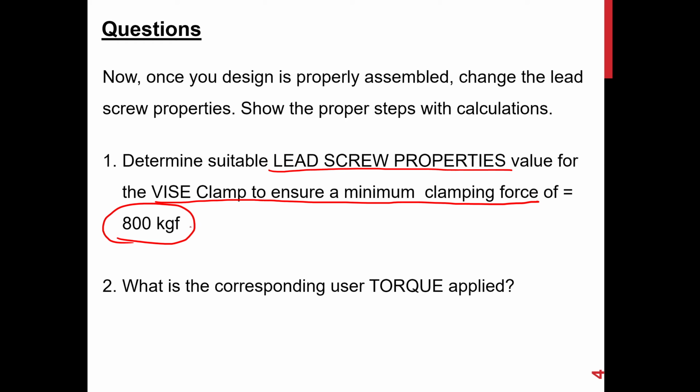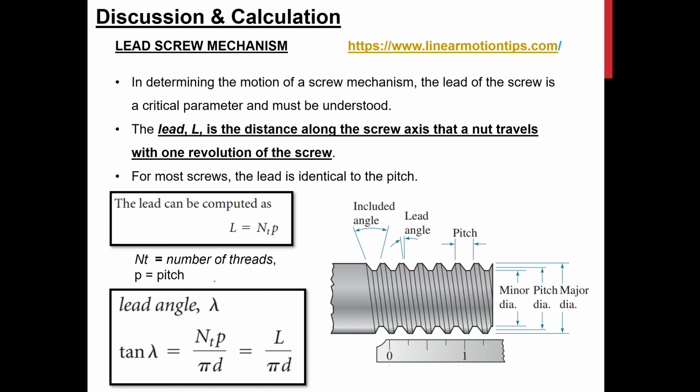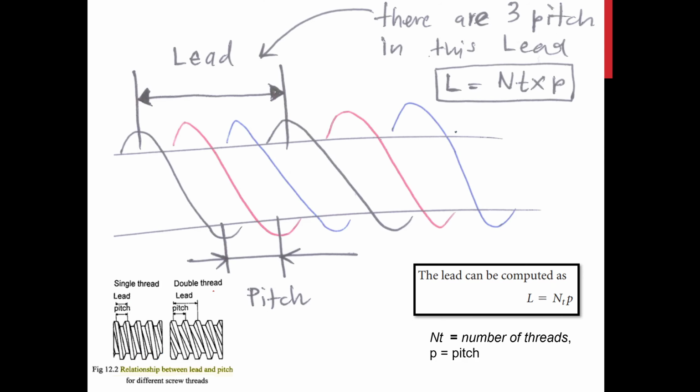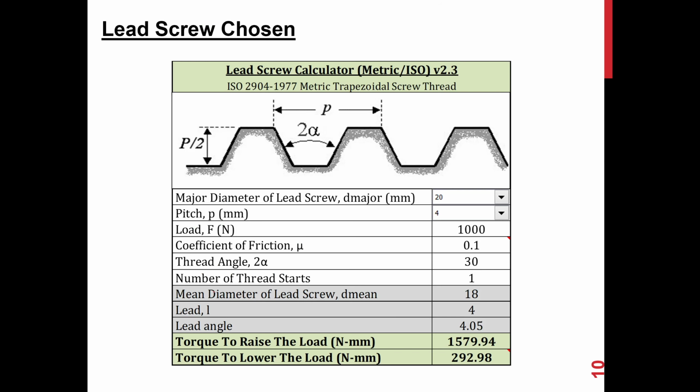So how to select this one? Later on you will look at some Excel file, and you can also look at certain formulas to calculate this. Maybe this one we'll do later after we have assembled everything. Then you guys can really see what this is all about.